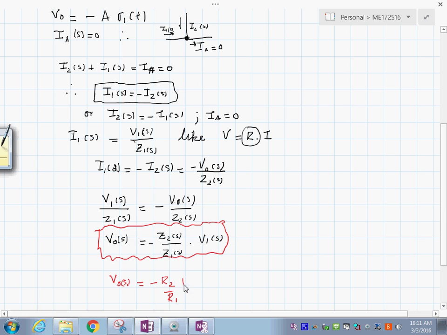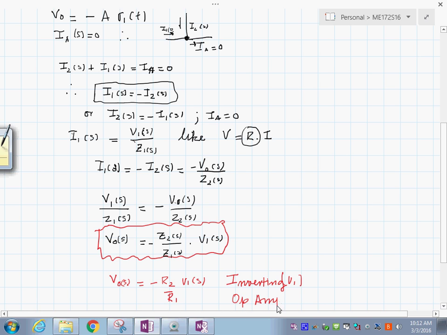So what have we accomplished with this little circuit in here? By putting the circuit like this, we created a circuit that inverts a signal. That's all it does. It inverts the signal, and how it does so depends on the ratio of those two impedances.